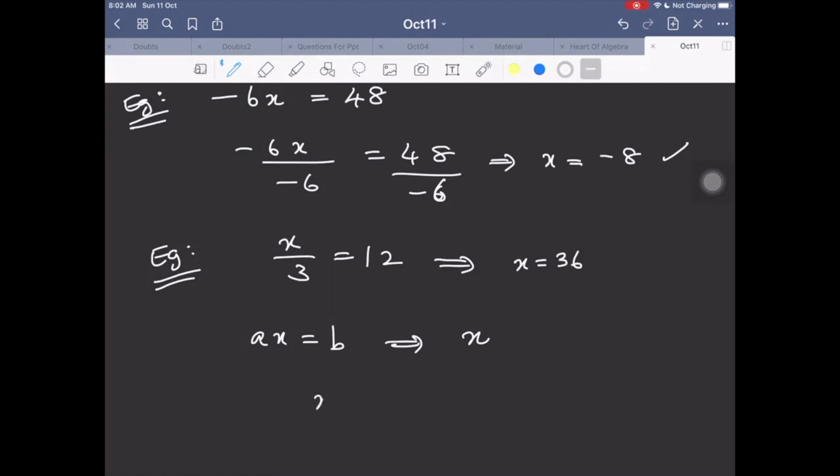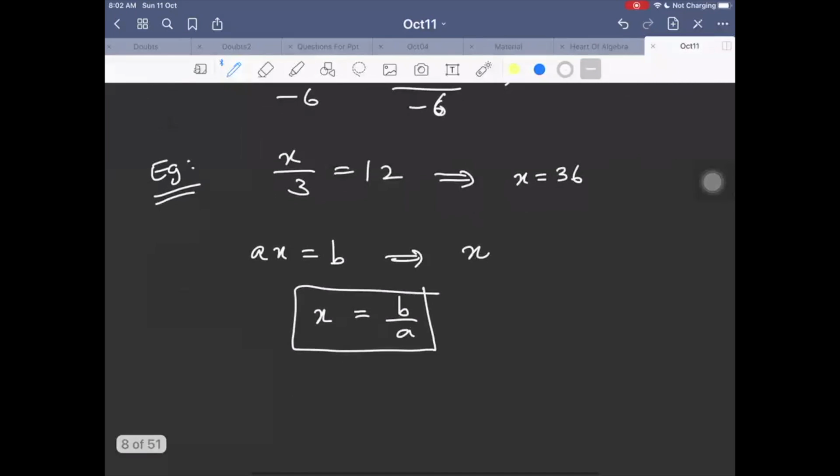Yeah, your x will be b divided by a. That's cool. What if we have x by a equal to b, what do you think will be the solution for x? Yeah, your x will be ab. Cool.